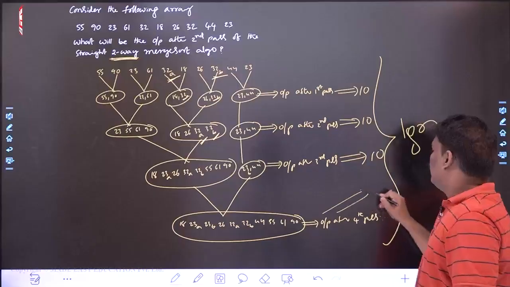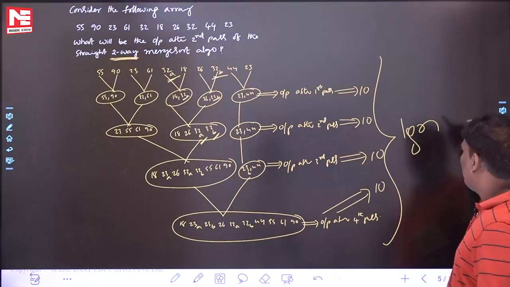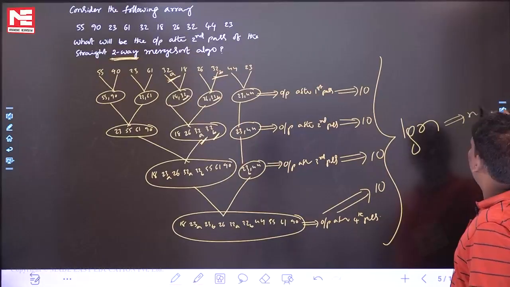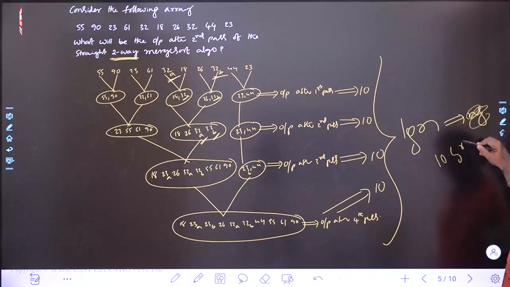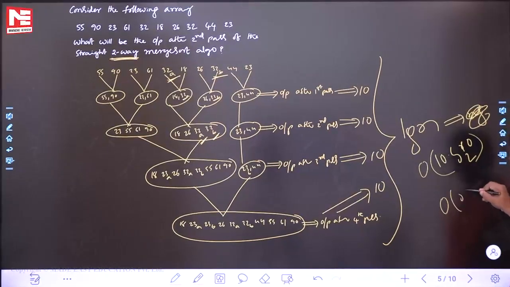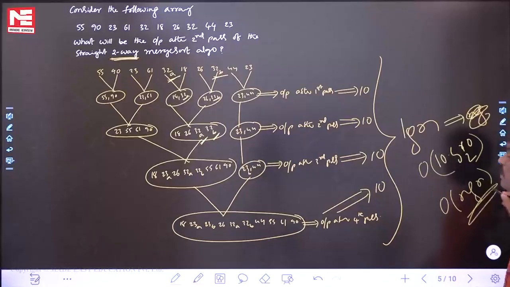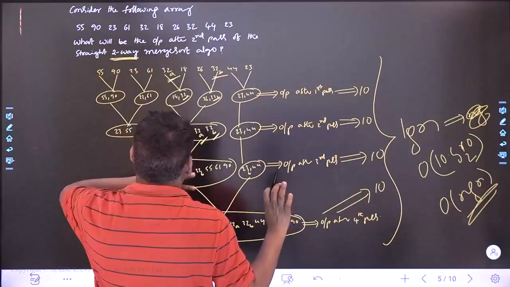Here also 10. So every level contains n time, and with log n levels, the answer is going to be n log n. In place of n, 10 is there. If you want, you can say 10 into log 10 base 2, which is approximately n log n. Everything is the same. Straight two-way means like this, no divides, nothing.